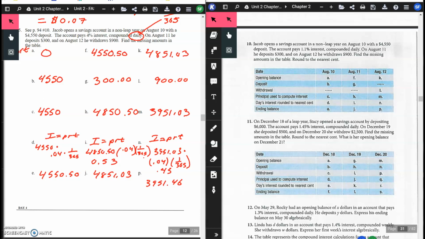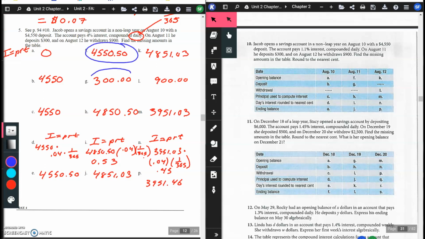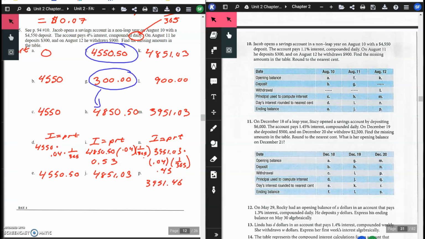That's adding these two together. To find your compound interest equals principal rate time. So 4850.50 times 0.04 for 4% times 1 over 365, compounded daily. So that's 53 cents of interest. So 4851.03 is your new ending balance.